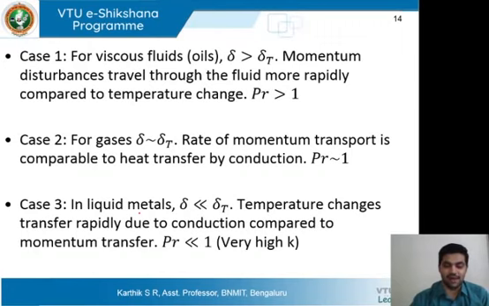So here the Prandtl number is very much less than 1, and this is due to the very high thermal conductivity of metals. So please note these three cases of Prandtl number: greater than 1, very close to 1, and less than 1, which will be useful for our analysis of different forced convection cases later.